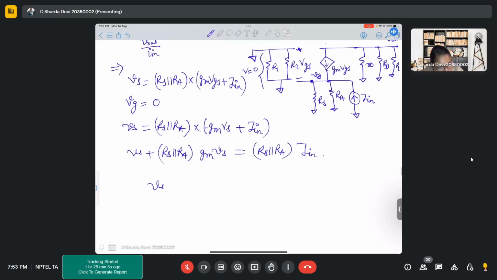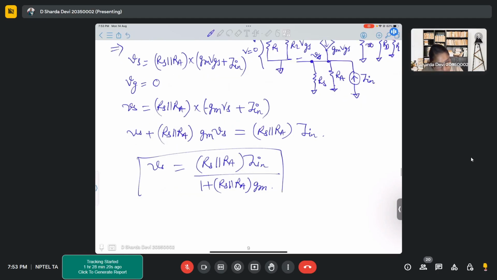So Vs equals RS parallel RA into IN by 1 plus RS parallel RA into gm. This is the value of Vs.